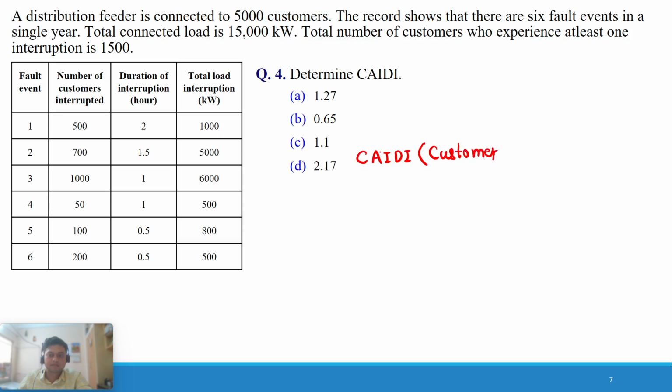Those who are able to do the calculation fast, they can type your answer in the chat box. Customer average interruption duration index.